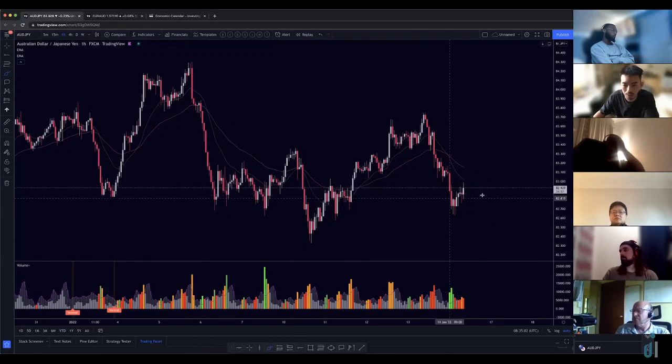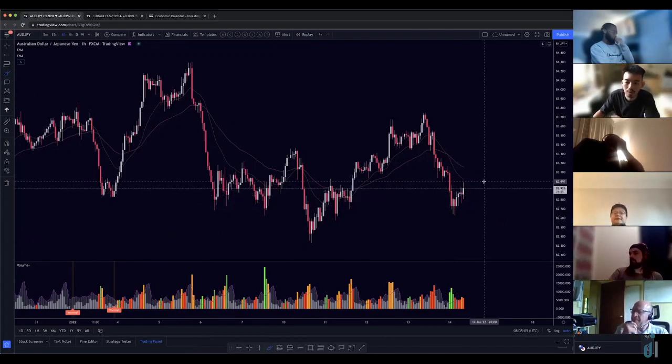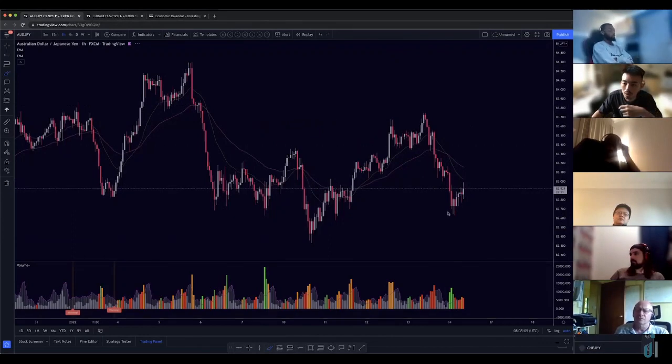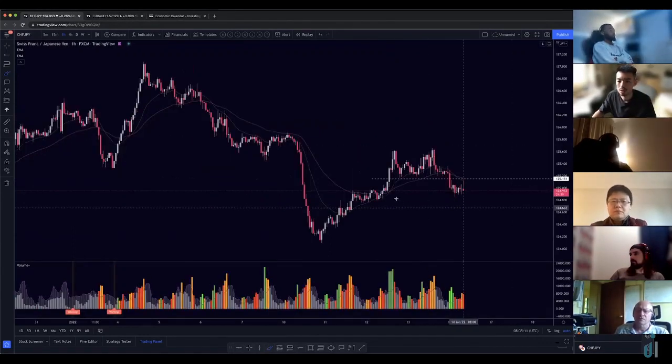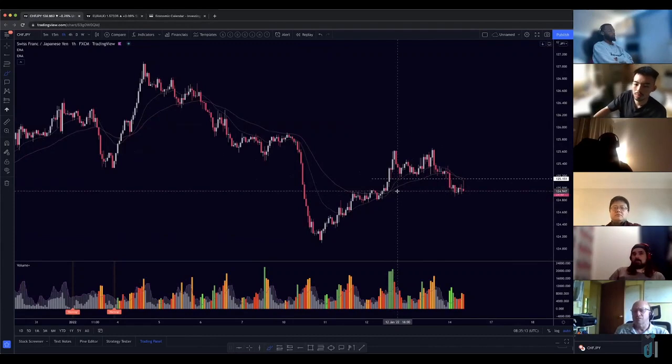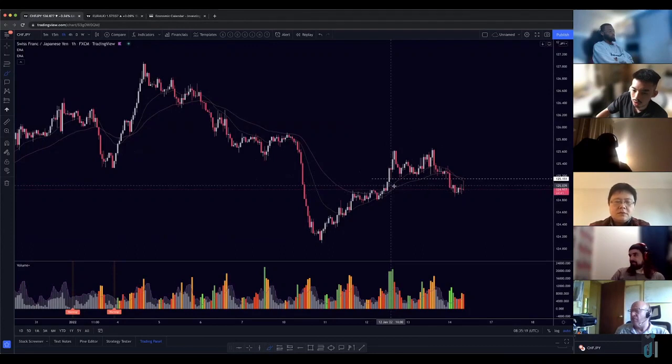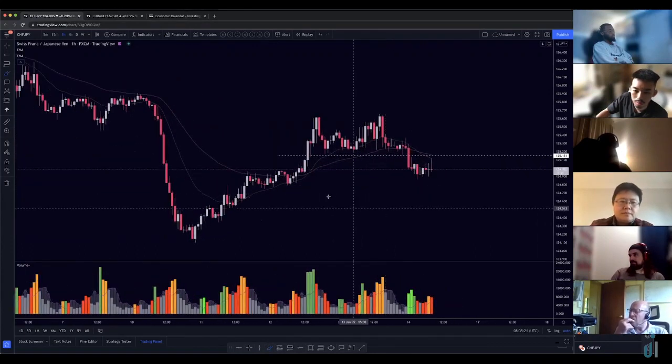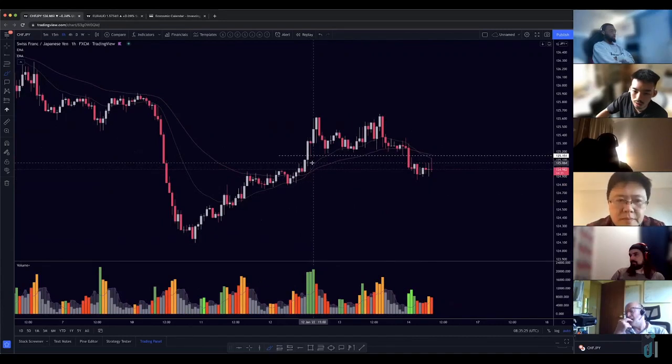The setup doesn't look that clear. So this Swiss yen was the other one I think Eric was talking about yesterday. So we do see highest volume here, right?